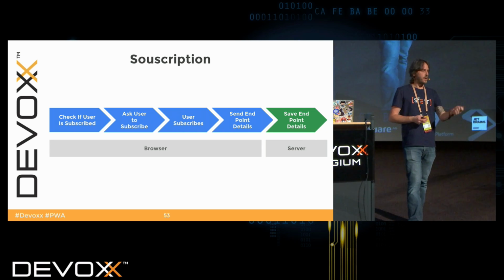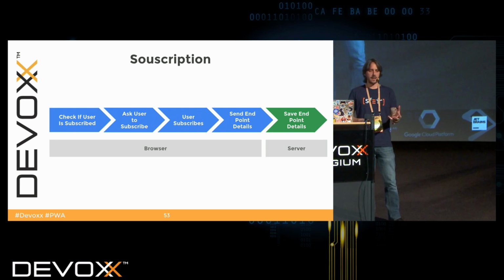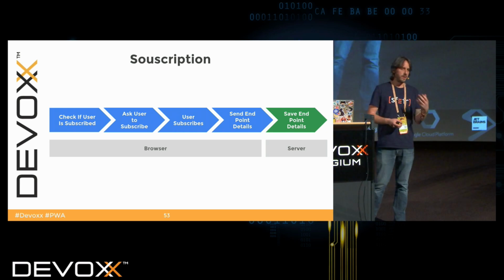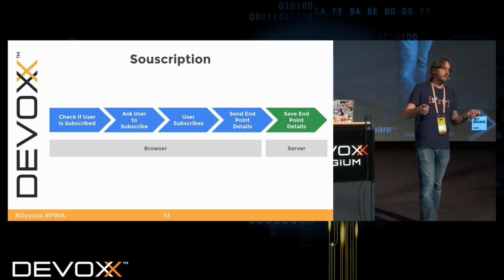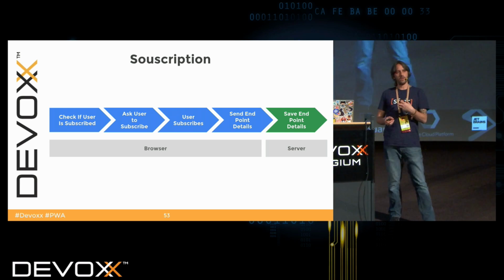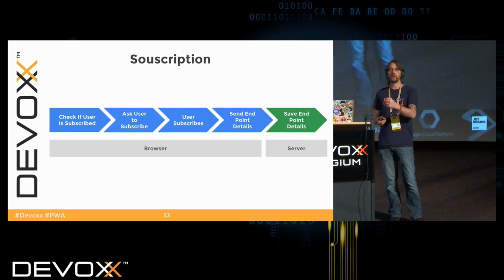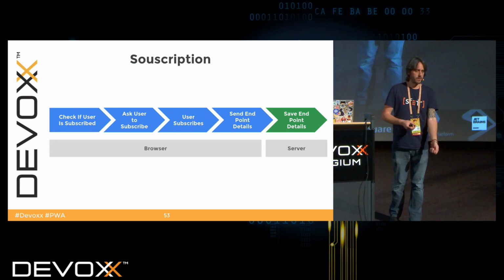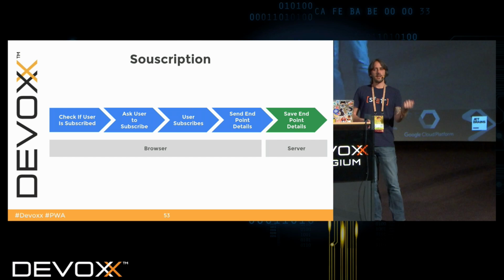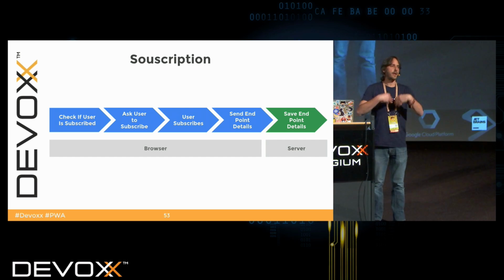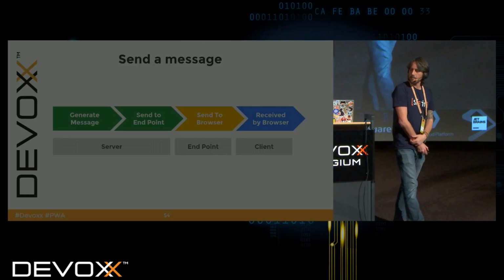A pop-in will be displayed to the user, and if they say yes, you now have access to what we call an endpoint detail. It's a kind of ID that the browser gives you that you can use afterwards to target this user. So what you have to do is send this ID to your server to send notifications later.